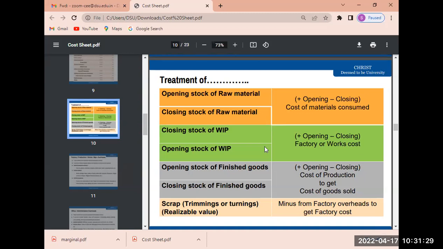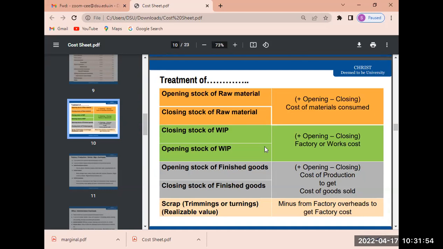Remember, direct material, direct labor, direct expenses put together, we call prime cost. In this calculation, the first calculation is direct material. To calculate direct material, if there is any opening and closing stock of raw material, that needs to be adjusted there itself. That's the first one, in orange color. Then second, in green color, I have given the stock of work in progress.